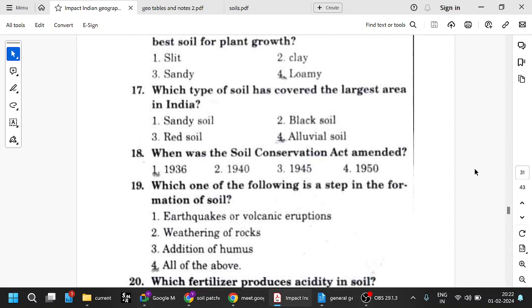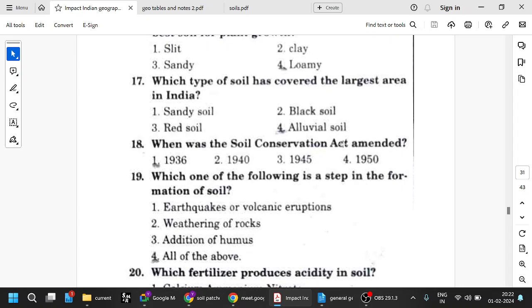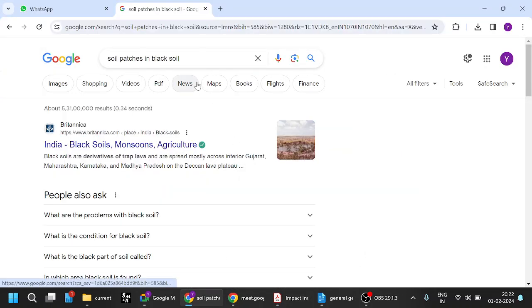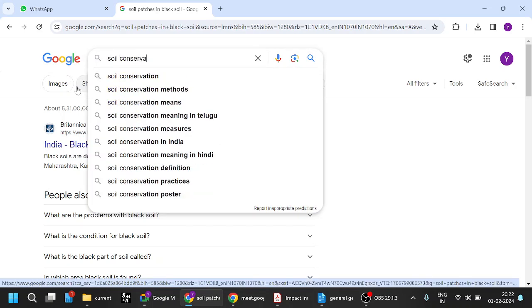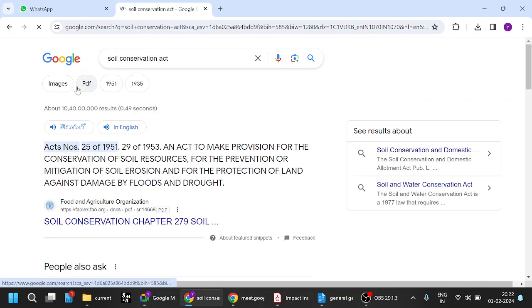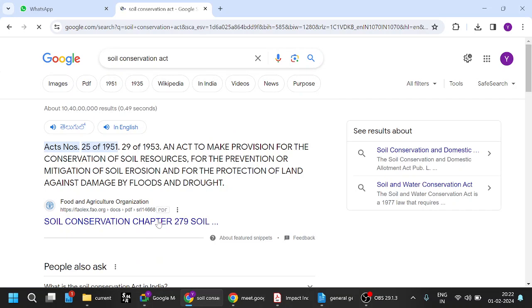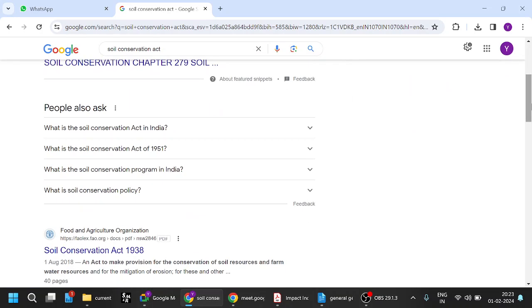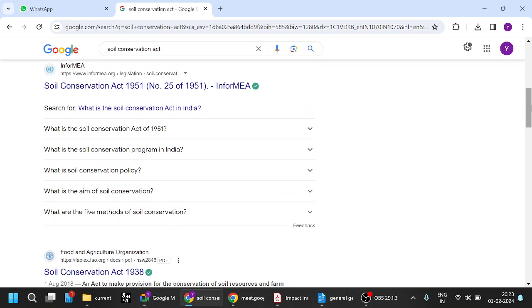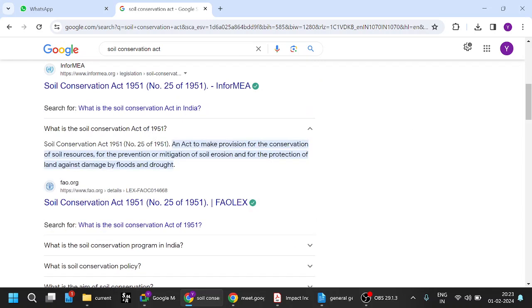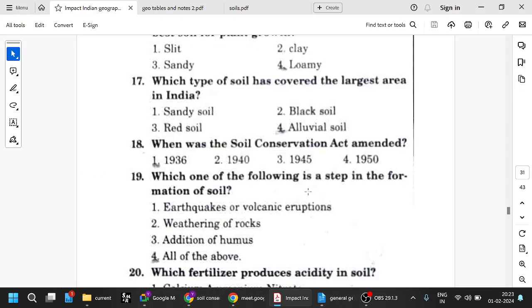When was the Soil Conservation Act amended? 1936 Soil Conservation Act. So, Soil Conservation Act 1951 is there. 1951 is the latest, I think, Soil Conservation Act to prevent soil erosion, etc. So, what is the question?